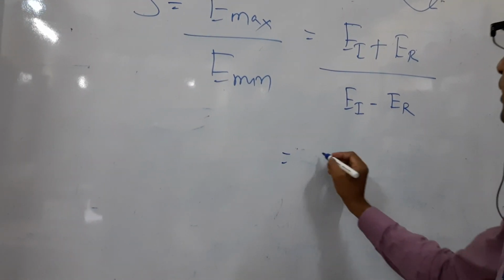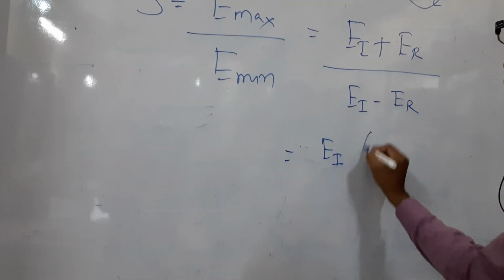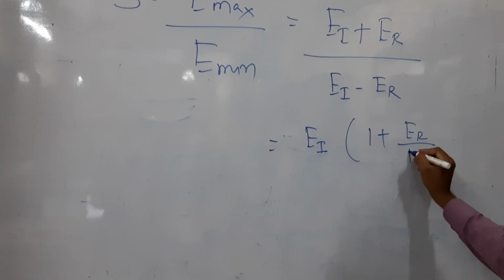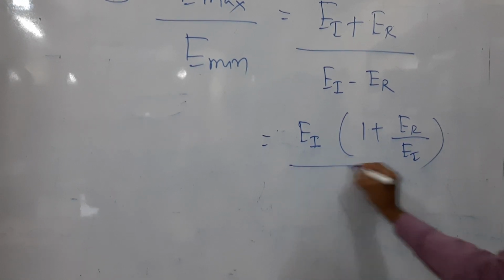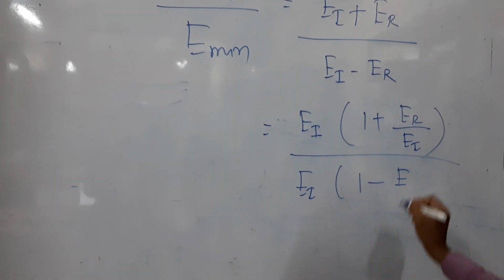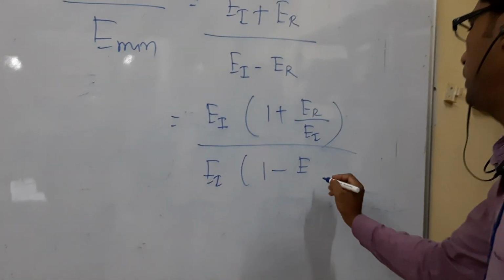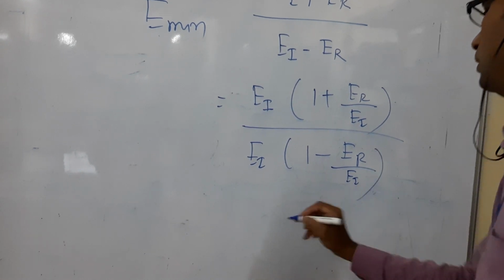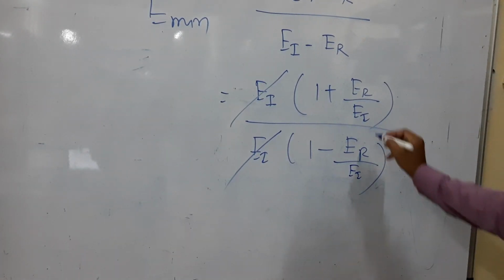If I take EI as common, that is 1 plus ER by EI by 1 minus ER by EI, this EI cancels. So what is this?